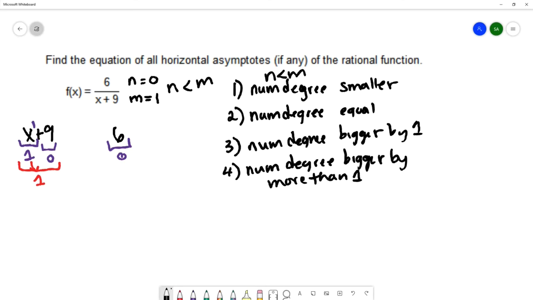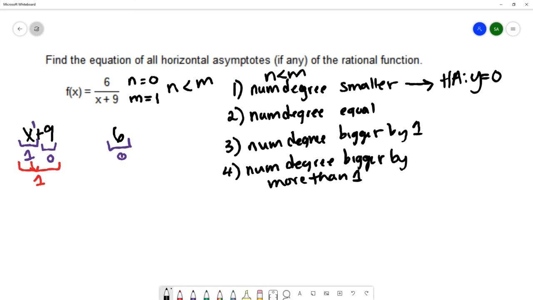So our function is in that first case, and what we memorize in that first case is that the horizontal asymptote will be y equals 0. Anytime the degree of the numerator is smaller than the degree of the denominator, the function has a horizontal asymptote of y equals 0.